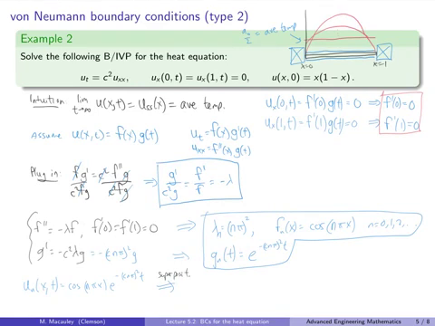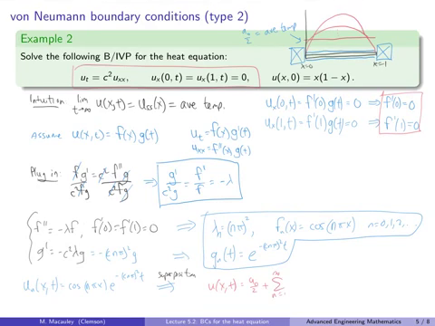So by superposition, let me write that down, our general solution, because our general solution satisfying the boundary condition, because I have not yet used the initial condition. The general solution is u of x t is the infinite sum from n equals 0 to infinity. I'm going to pull out the n equals 0 term, which is a constant, and just call that a naught over 2, because why not?